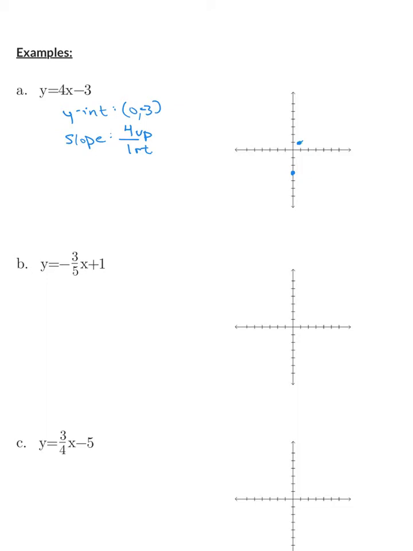So for instance, from this new point, I can also go up 4, 1, 2, 3, 4, and to the right 1. And we end up right here. So now we can go ahead and draw our line. And we can label our points.